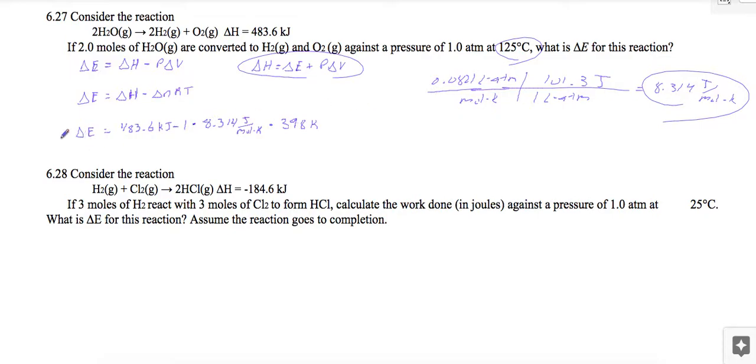All right, so we have all of this here, and I did make a mistake that I want to show you, and it has to do with this piece right here. Where we have the R constant, which is 8.314 joules per mole Kelvin, and this is 483.6 kilojoules. So one of these two things has to be changed.